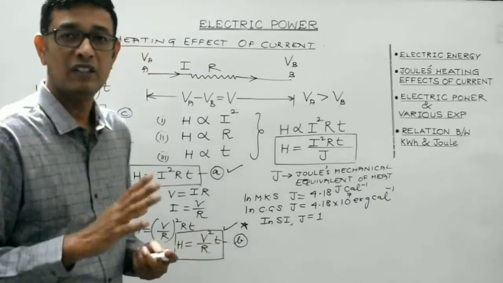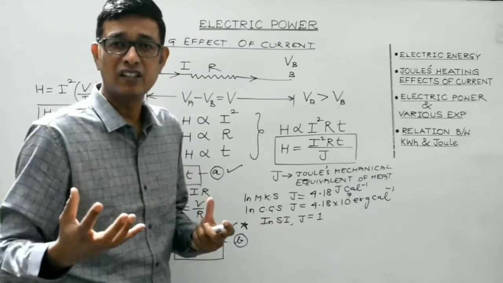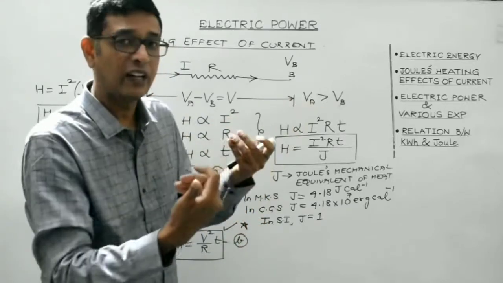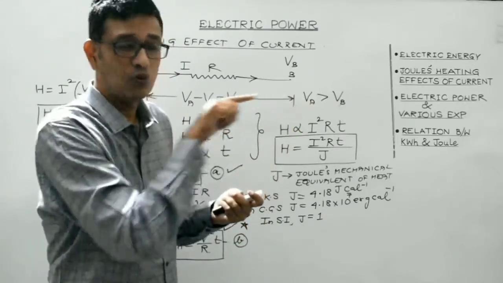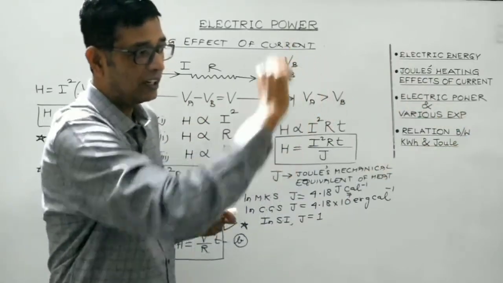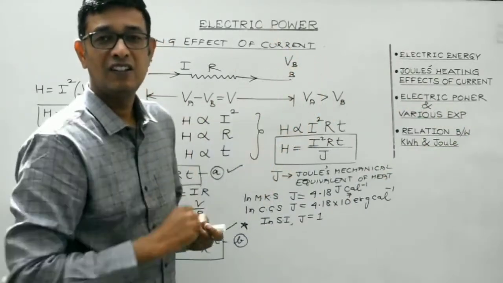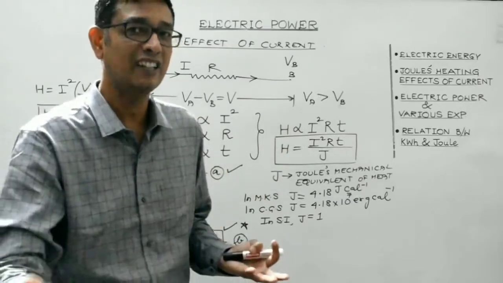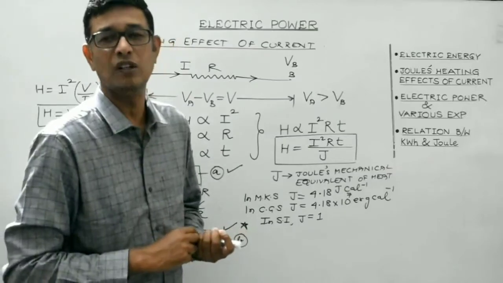Now as we are aware, the electron density in conductors is very large. So during the drift of electrons, they very often collide against each other, and also while they drift from one end of the conductor to the other, they very often collide against the vibrating ions. And during each such collision, their motion gets hindered, and that is what resistance is all about.